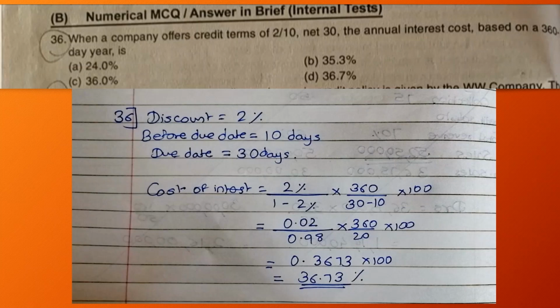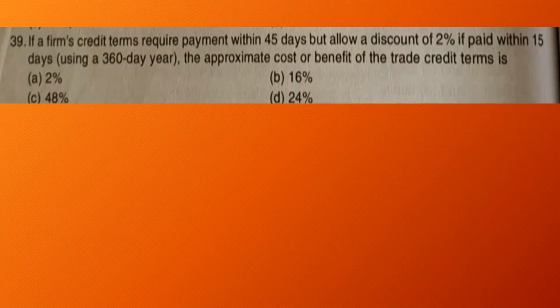Next. So here the question is, if a firm's credit terms require payment within 45 days, that is the normal due date, but allow a discount of 2% if paid in 15 days, using a 360-day year, the approximate cost or benefit of the trade credit terms is.